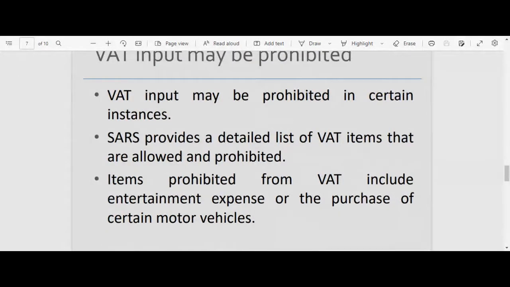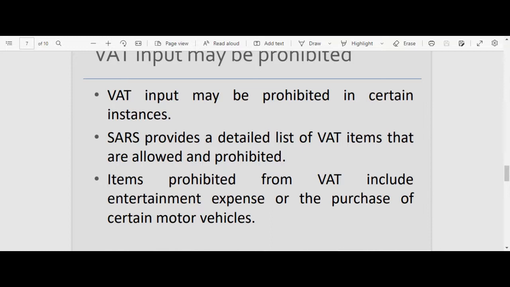Generally, it is items that relate to entertainment expenses. So if you as a business owner take out your client to lunch, you are not allowed to claim back the input tax on that lunch expense, because obviously that can be abused.